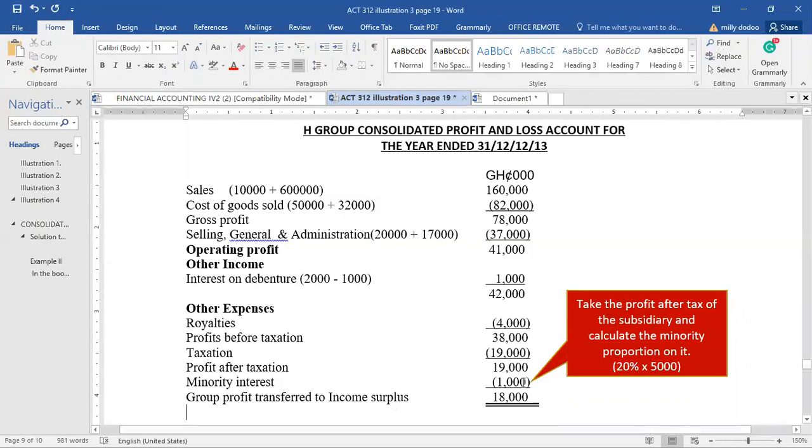So we say you pick the profit after tax of the subsidiary and calculate the minority proportion on the profit after tax. That is what will give you the minority interest in this instance. I get you the scenario. So when you fail to get this principle, you will be failing to get this particular answer over here. So basically, that is what you are supposed to do.